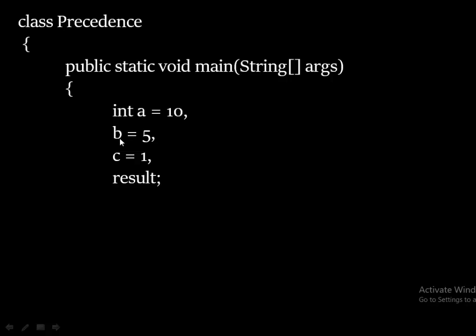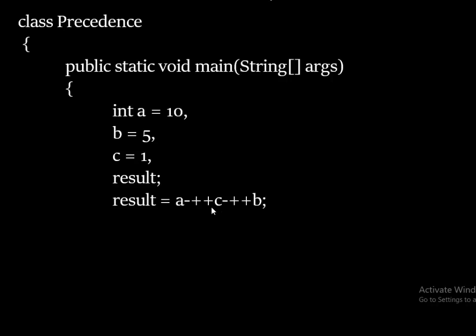You can include this in the same line. In that case, the expression will be int a is equal to 10, b is equal to 5, c is equal to 1, and result, and this semicolon indicates the end of the declaration or initialization section.